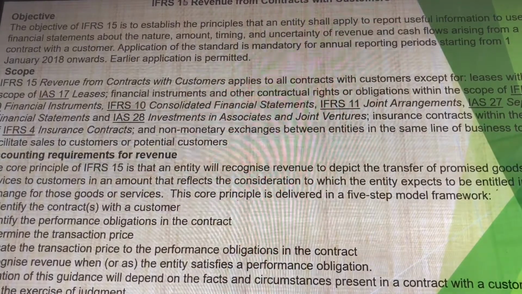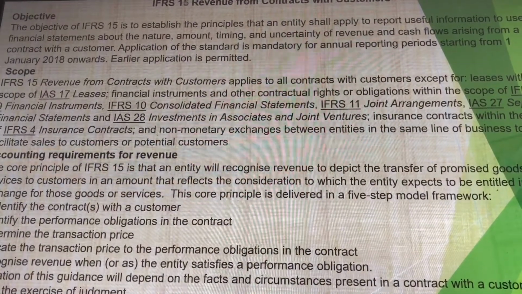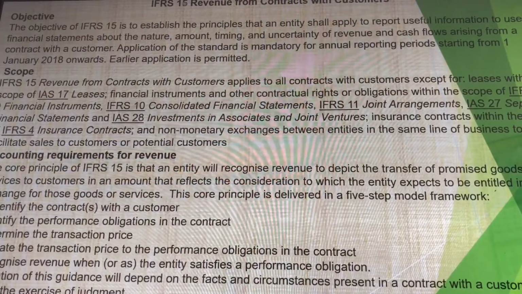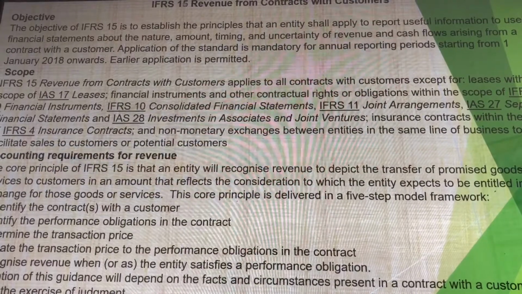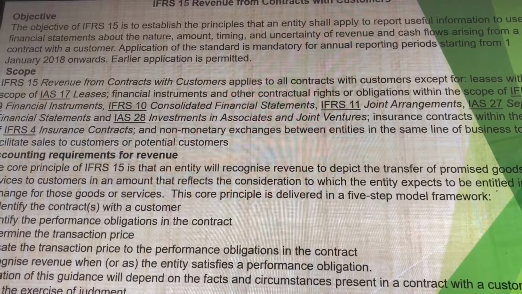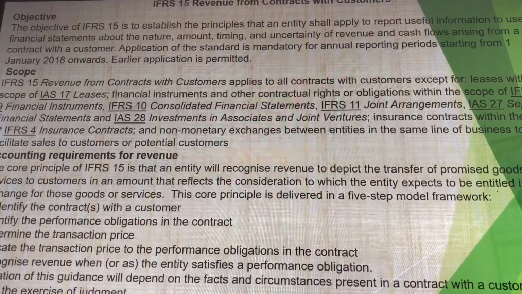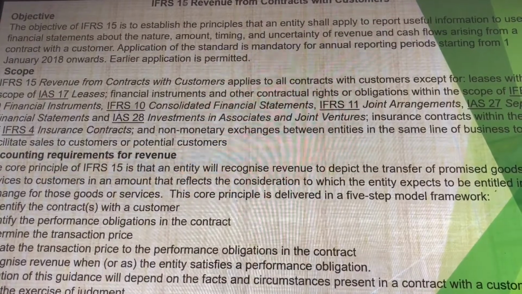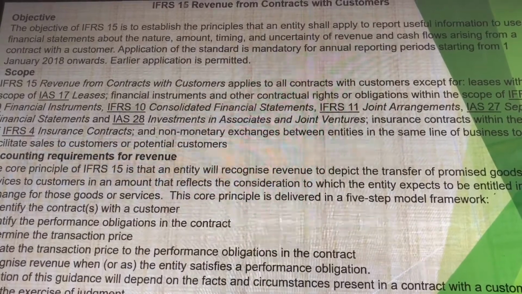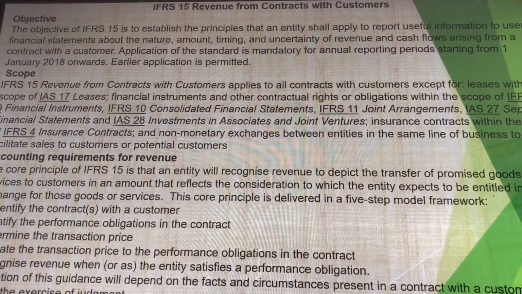Today we are studying IFRS 15, Revenue from Contracts with Customers. Objective. The objective of IFRS 15 is to establish the principle that an entity shall apply to report useful information to users of financial statements about the nature, the amount, the timing, and uncertainty of revenue and cash flow arising from a contract with a customer.